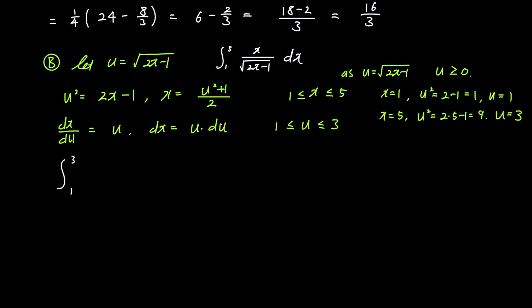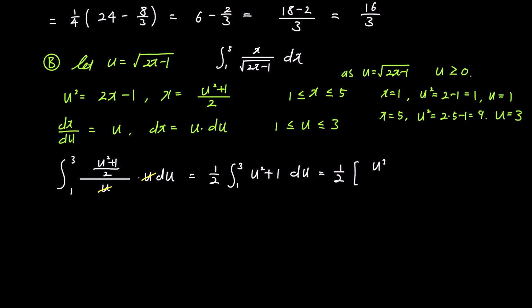The numerator x becomes (u squared plus 1) over 2, and the denominator square root of 2x minus 1 becomes u, and dx is replaced by u times du. Simplifying, the integral becomes half times the integral of u squared plus 1 du. This integral is now simpler compared to before. Evaluating, we get half times the bracket u to the power of 3 over 3 plus u, from 1 to 3, resulting in half times 27 over 3 plus 3, minus 1/3 minus 1.